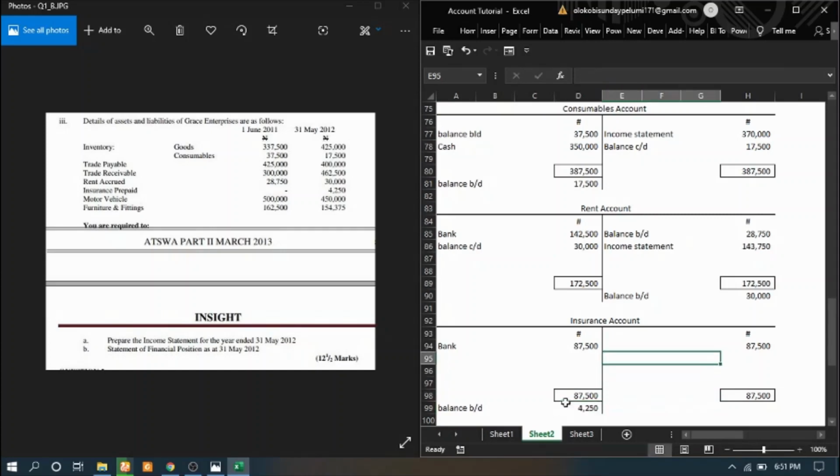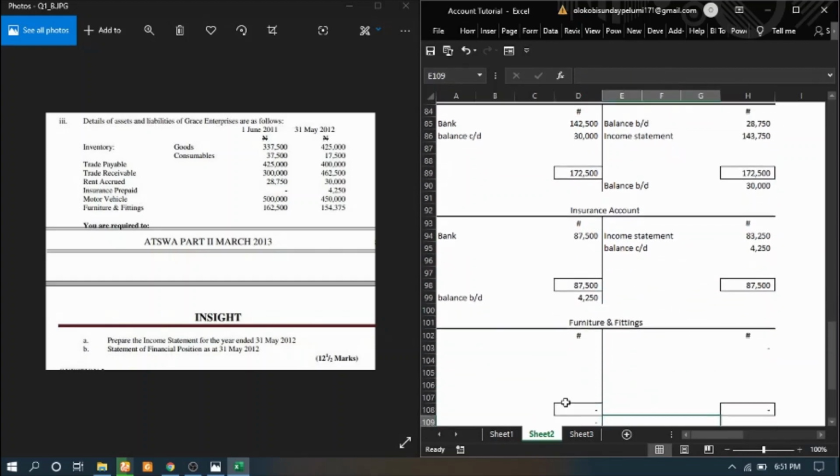So by next period, we can have balance carried down here, balance c/d, and that is 4,250. So this is the amount that will be charged to the income statement for insurance as an expense.